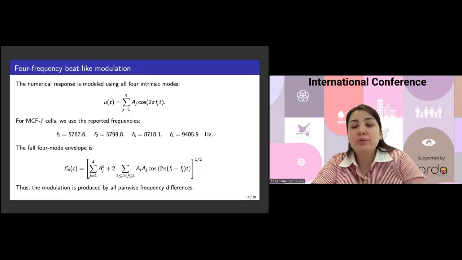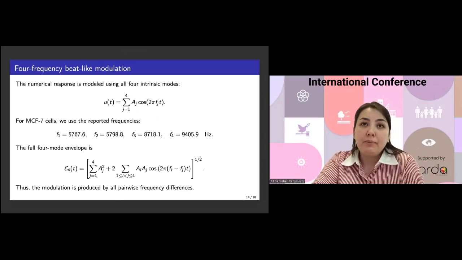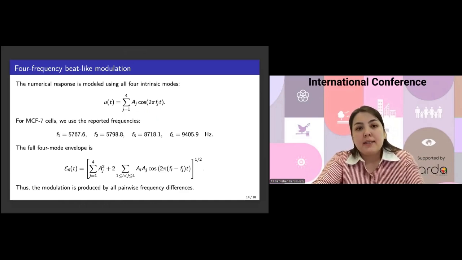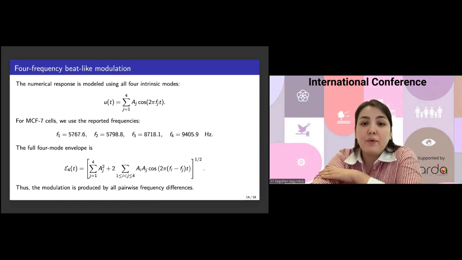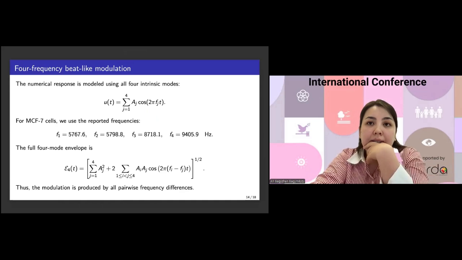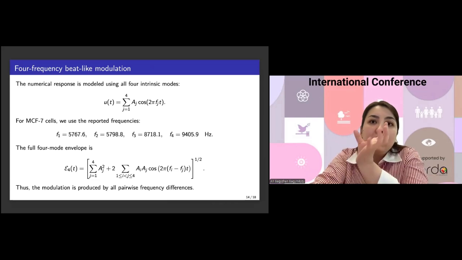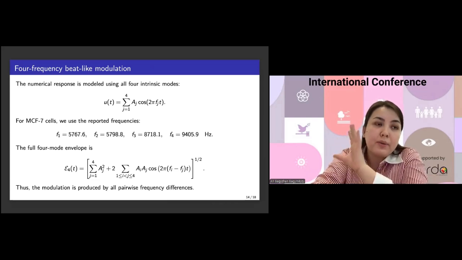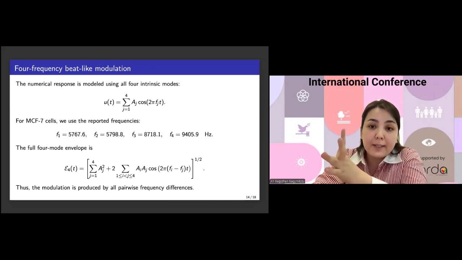Now let us move to the beat-like modulation. Here this is our numerical part. We use all these 4 intrinsic modes, and as an example we used the MCF7 breast cancer cell. Here we have these 4 frequencies, and the important point is that the response is not produced by only 1 frequency.